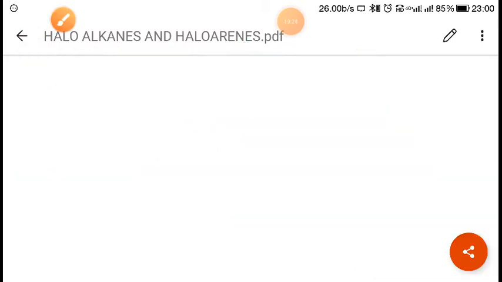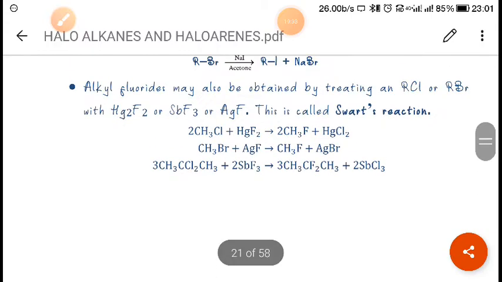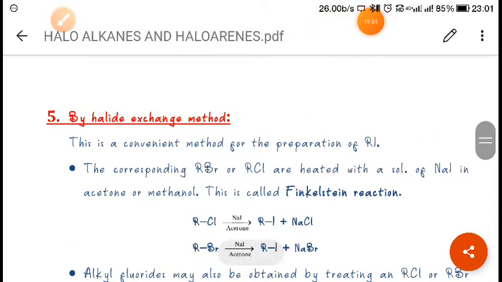In this way we prepare alkyl halide from aldehyde and ketone. I hope you have understood this, right?